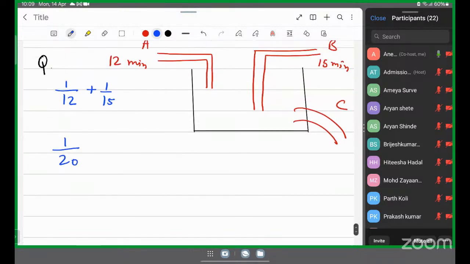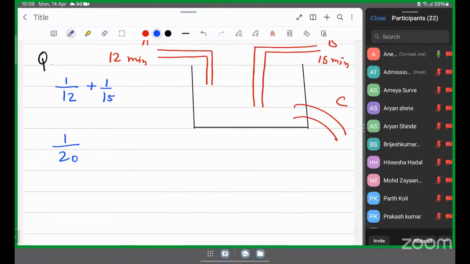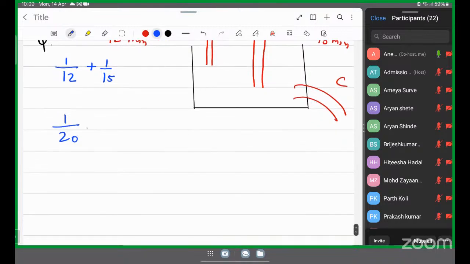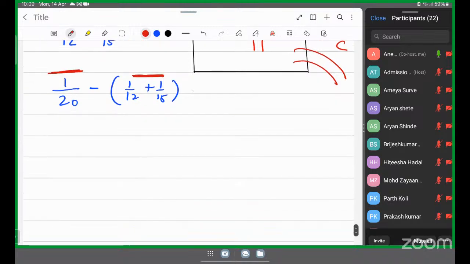If a full tank can be emptied in 20 minutes, it means in 1 minute it is emptying 1 by 20th part. So this will be 1 by 20 minus 1 by 12 plus 1 by 12 because this is in and this is out. So the net emptied part of the tank will be this one.